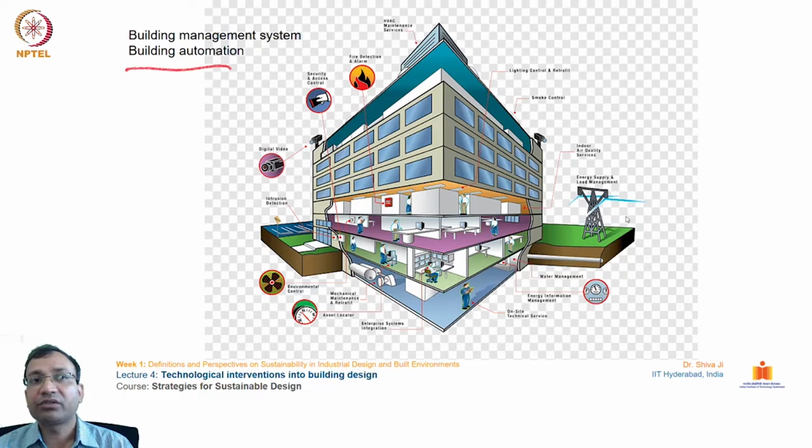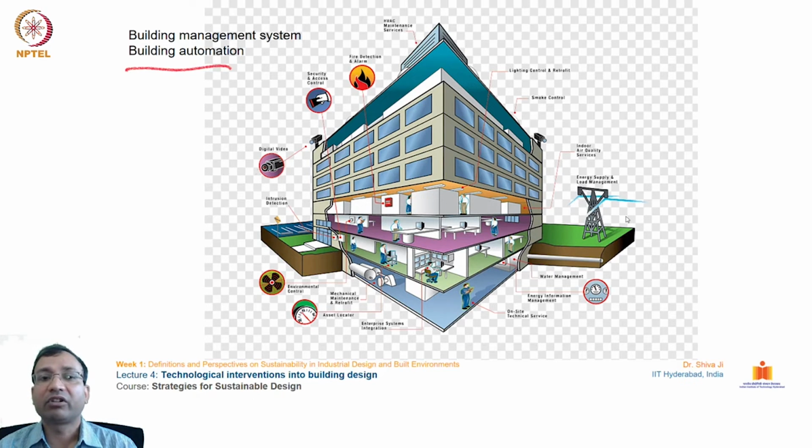By installing lighting control and retrofitting solutions, we can minimize the energy load. We can install smart control systems and indoor air quality checks, so that we can switch air filters and other indoor air quality solutions on and off.